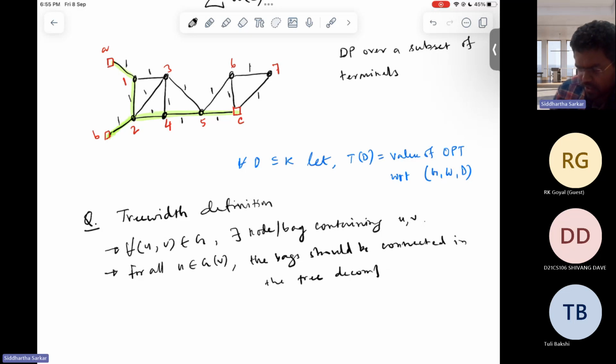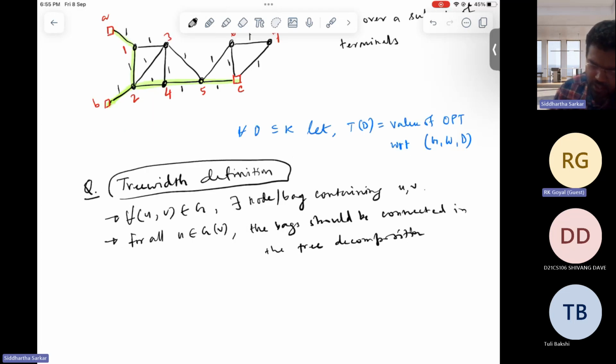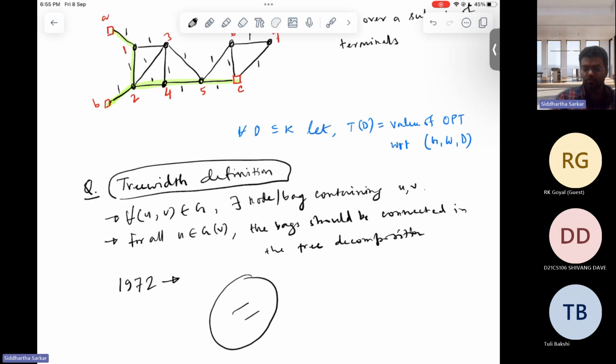I looked up the definition, and it looks like the idea of tree decomposition is not very old. From 1972 onwards, we have this literature on tree width. What I answered last time is probably correct, that the definition is just to assess how similar a graph is to a tree.